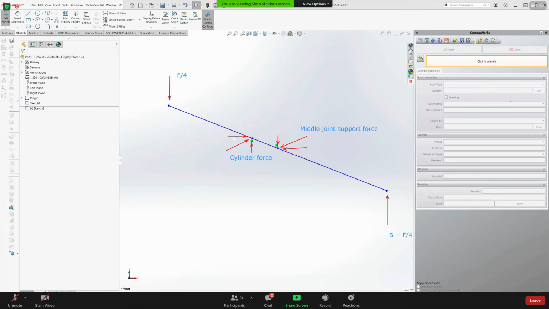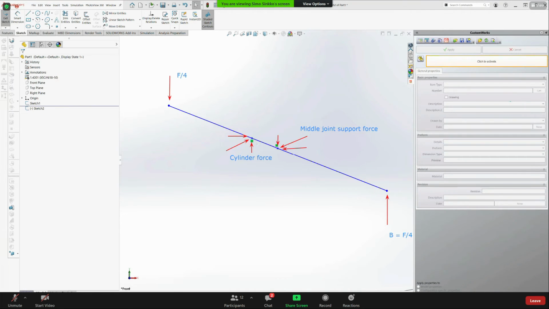So there is a cylinder force X component, cylinder force Y component, and middle joint support force X and Y components. And this Y component of the cylinder force is the one that really does the work. But the cylinder force needs to be much bigger because most of the force that it creates is this X force.